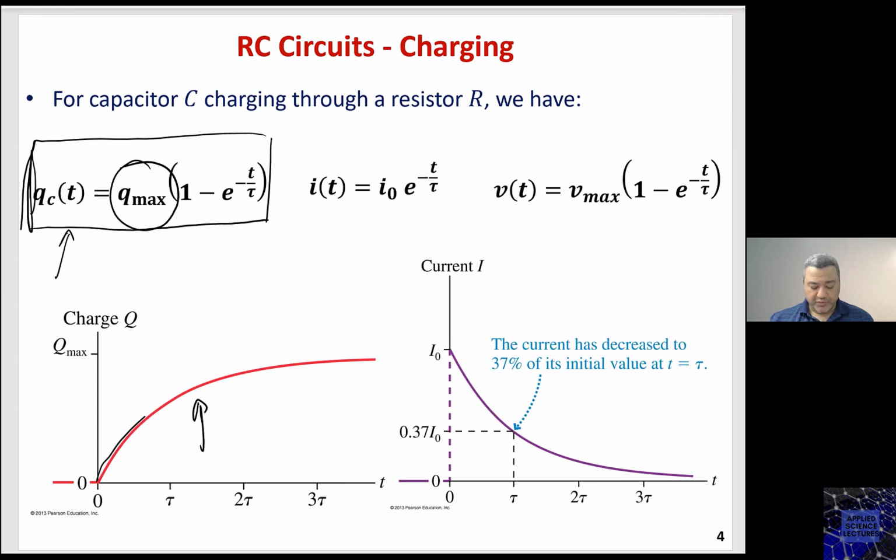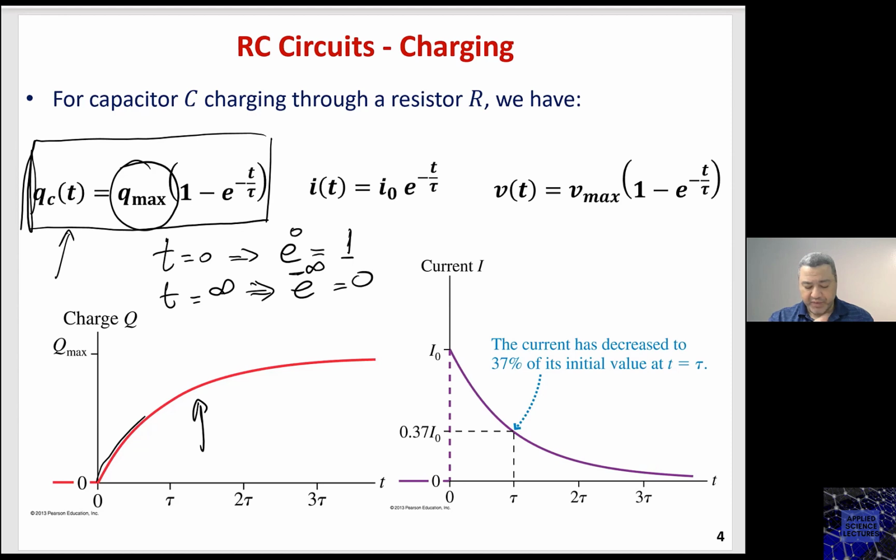So how do you find this response? At t equals 0 for the exponential function, we know e to the 0 equals 1. When t equals infinity, e to the minus infinity equals 0.